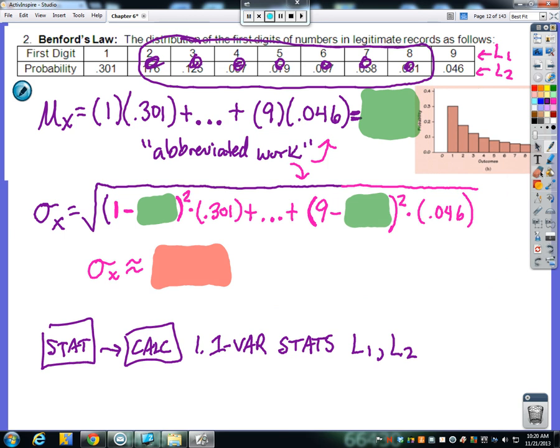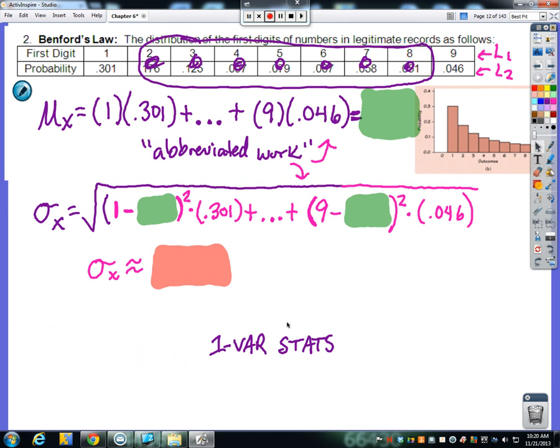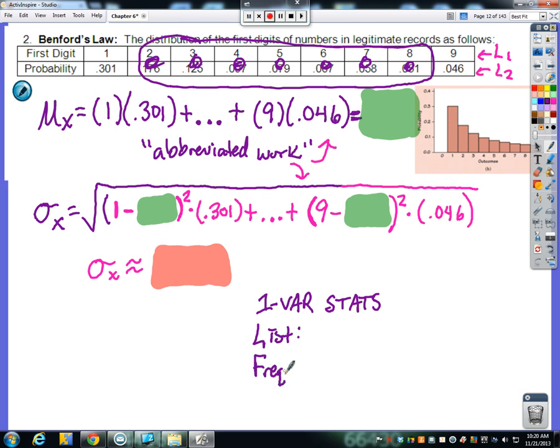Otherwise, this is what your calculator is going to look like when you hit stat calc and do 1 variable statistics. Up at the very top, it's going to say 1 variable statistics, and then it's sort of like a menu command here. It'll say list, and then frequency list, and then calculate. Okay, so for list, you need to put in L1.